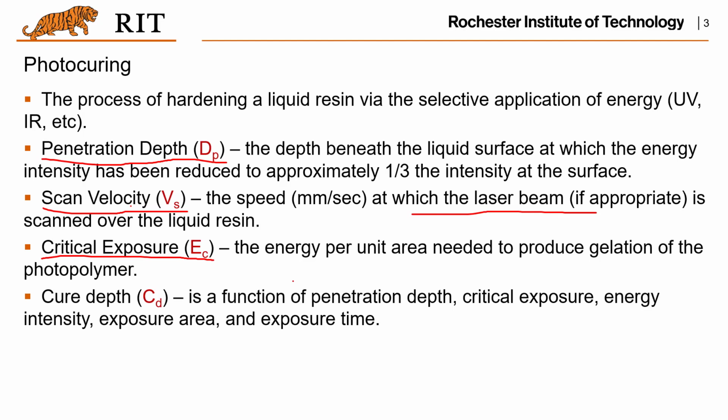The last parameter is the cure depth. Basically, this cure depth is a function of all the above parameters, and it gives you the idea of, with these conditions, how much the depth is when the material is cured.